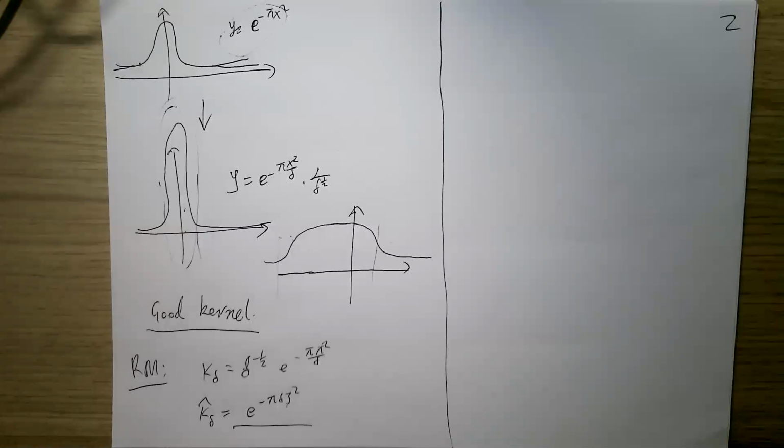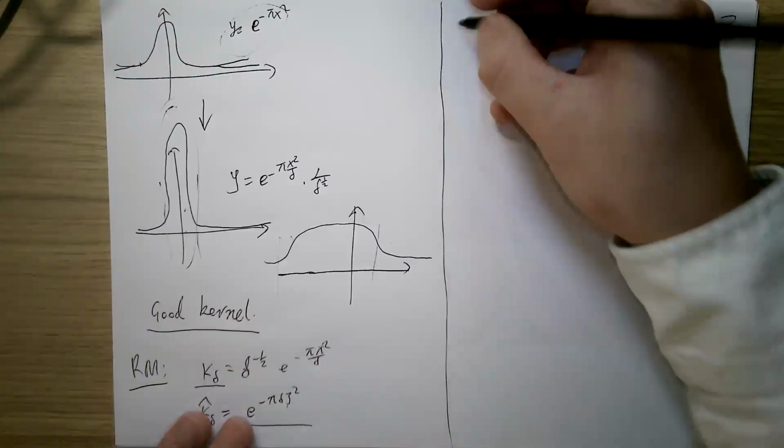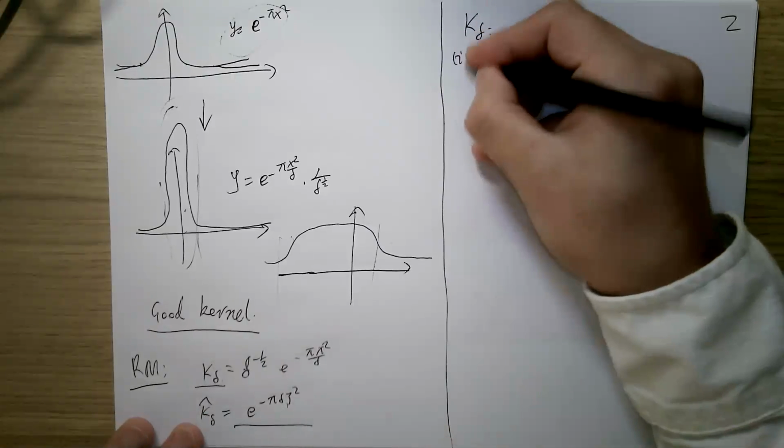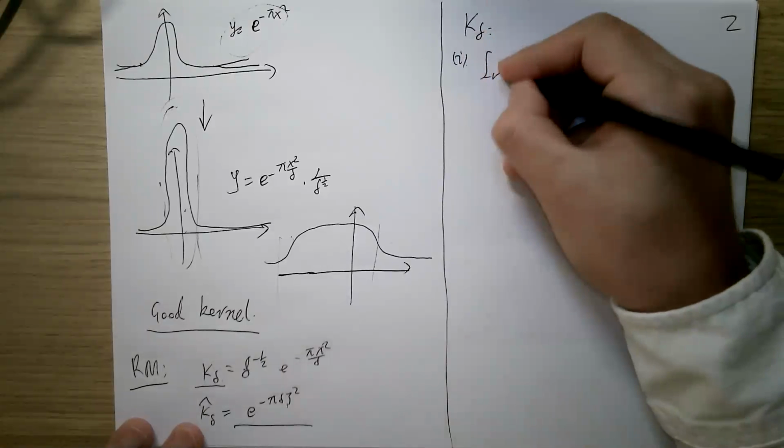And then maybe we can still say that a good kernel is still a good kernel, so that if you convolve a function with the good kernel, as you take the parameter to 0, you get this function back. Okay, so first, let me say this K delta is again a good kernel, which means it satisfies the following 3 properties.